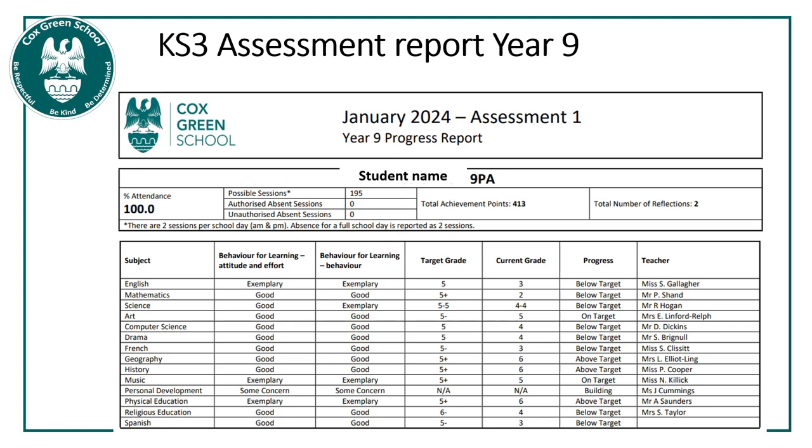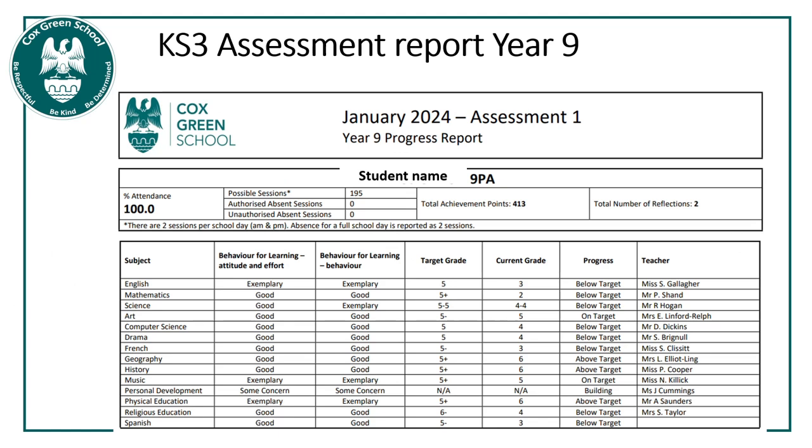So you do sometimes get a difference in the target grades for those creative subjects. But all of the more academic subjects, English, maths, science, computer science, geography, history, etc., will have a target grade which is based purely off the Fisher Family Trust target setting process.